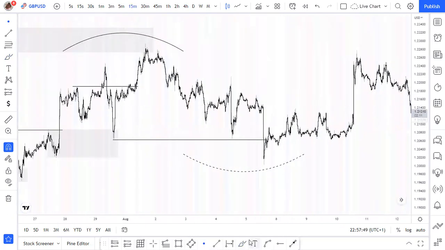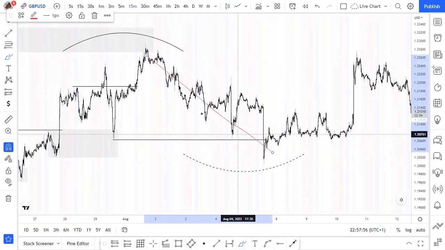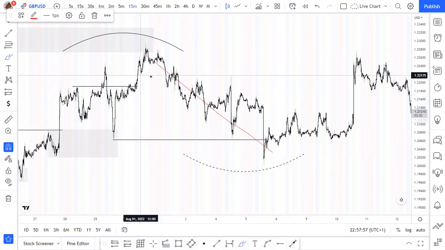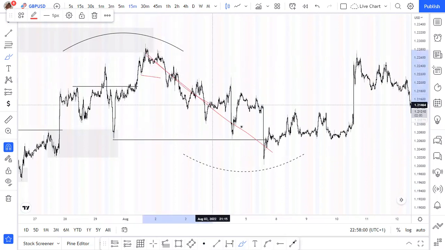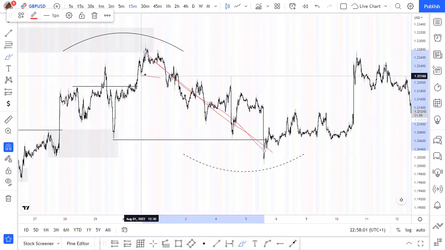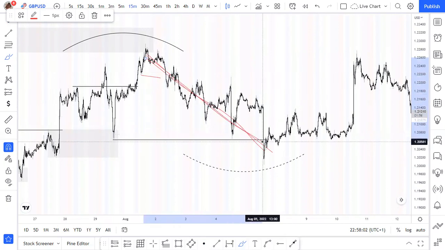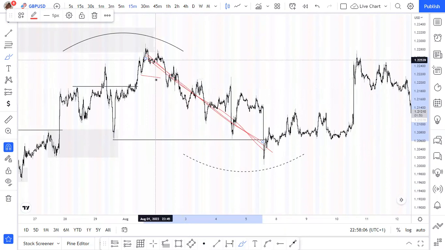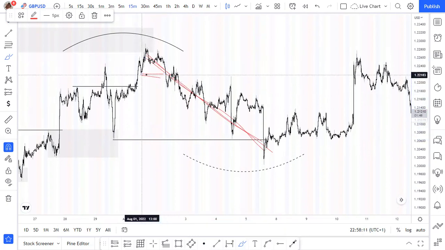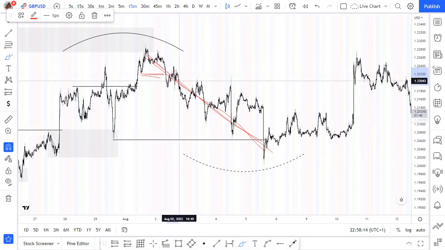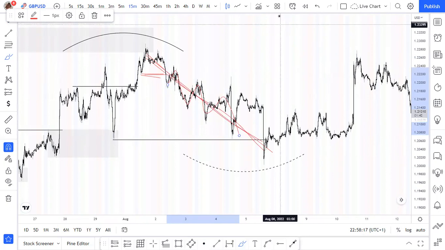Now this single push, because we know on the 4 hour that this is a single push, will mostly look like a bearish market structure, that's price breaking below this low and making lower highs and lower lows and stuff like that.